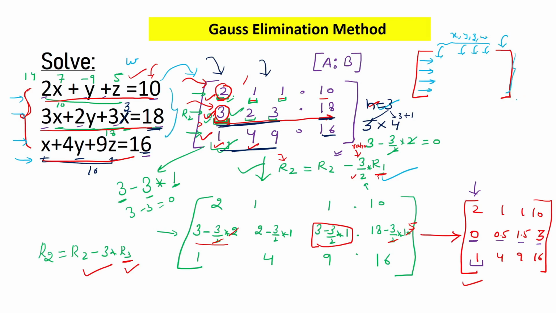So the size of that augmented matrix will be 4 multiplied by 5. That means for n equal to 4, this will be the size of the augmented matrix. That means this can be said as n, and this is n plus 1. That's why I have taken the size of the augmented matrix as n by n plus 1.